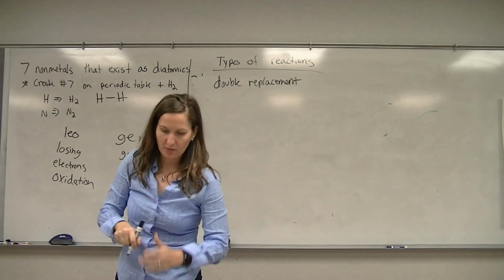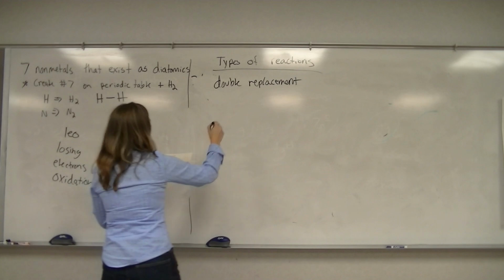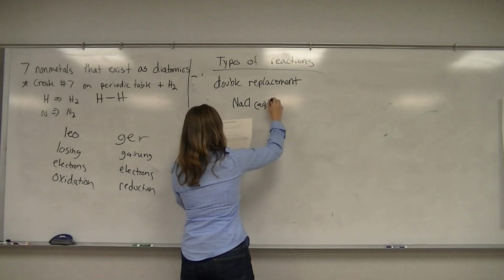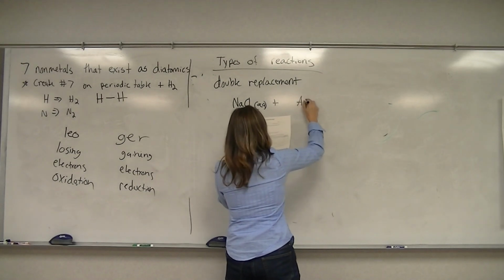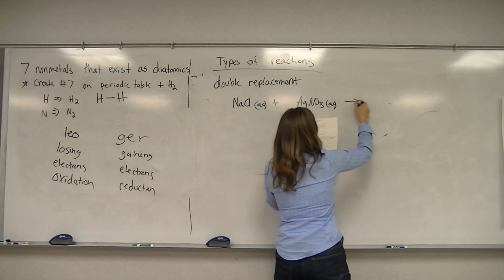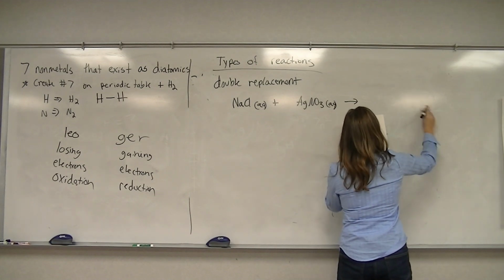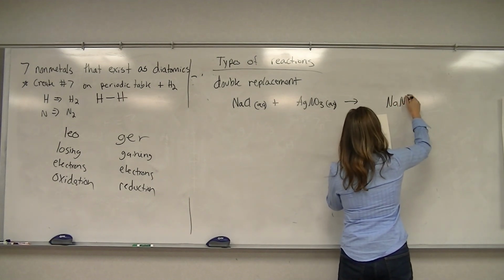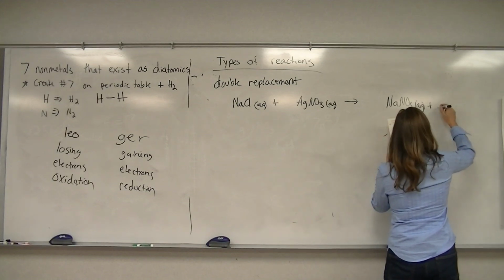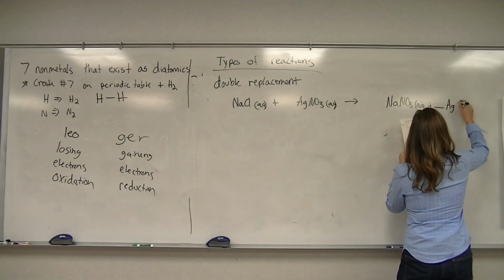So double replacement reaction. The example on your pre-lab is sodium chloride reacting with silver nitrate to make sodium nitrate and silver chloride.